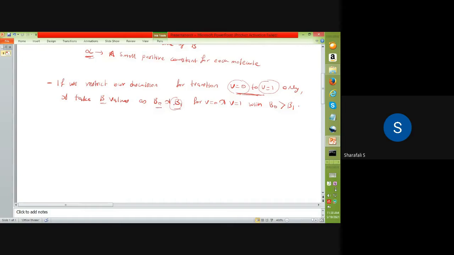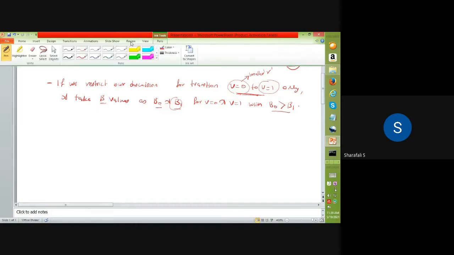Then B0 will be larger than B1, because v equal to 0 will have lower energy and v equal to 1 will have higher energy, which means that v equal to 0 will have a smaller bond length, a smaller R value. You can see from here also that for this particular level of v, the bond length will be smaller as compared to the v equal to 1 case.